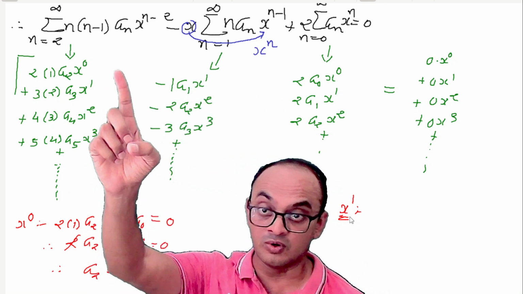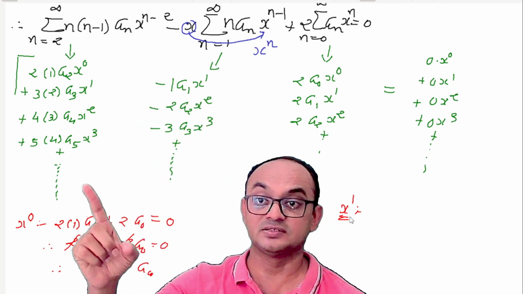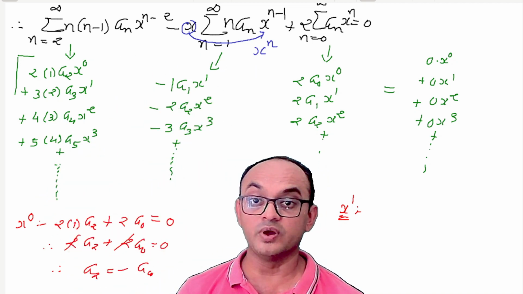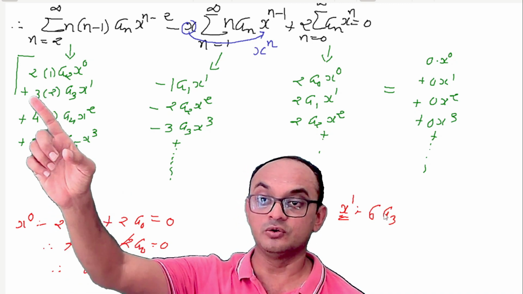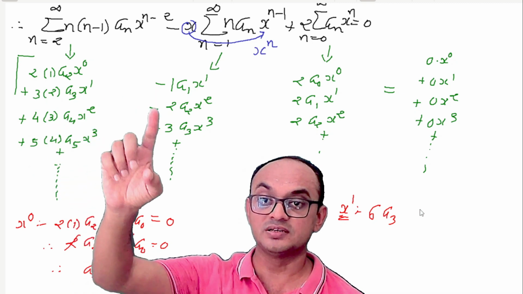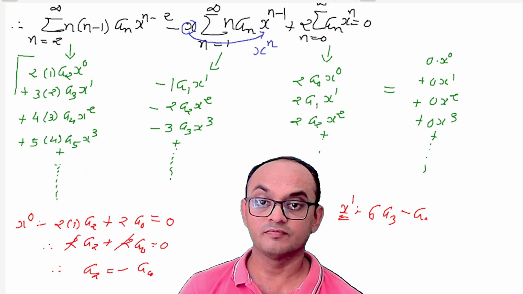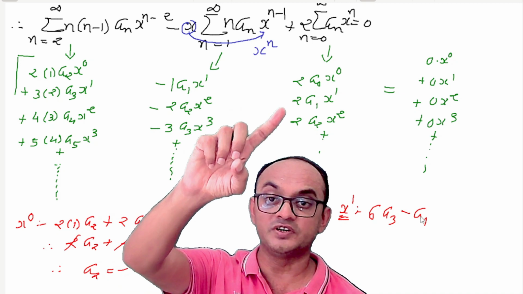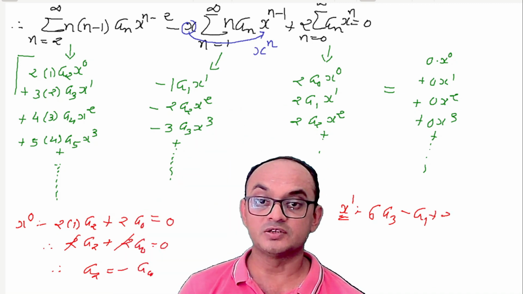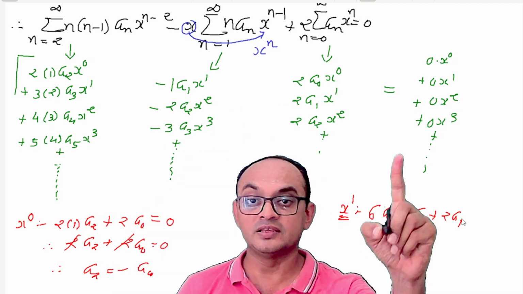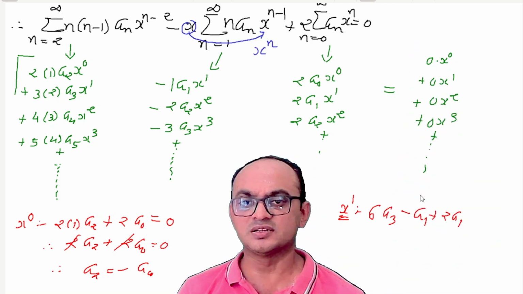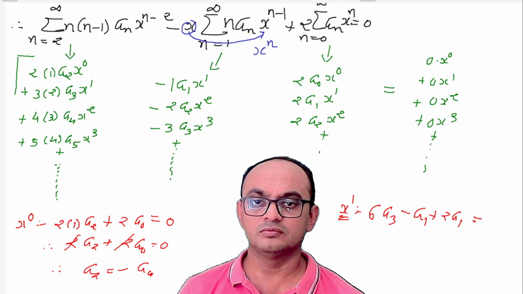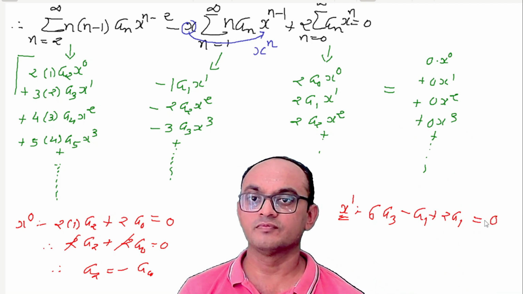So all these three terms contain x. So here it is 3 into 2a3, which is 6a3. This is minus a1. Here the coefficient is 2a1, so plus 2a1. On the right hand side all the coefficients are 0, so don't worry about it.